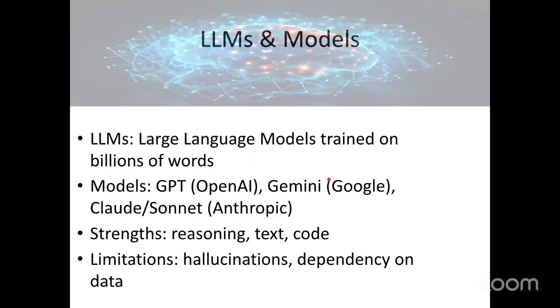From Google we have the Gemini models, Gemini 2.5 Flash, 2.5 Pro. These are different models from Google. And there is another in the market, which is Claude Sonnet, from Anthropic. So these are different models present in the market.